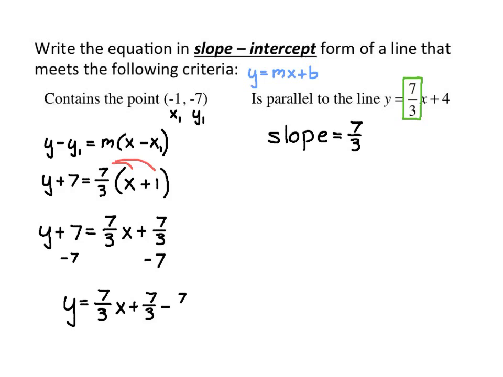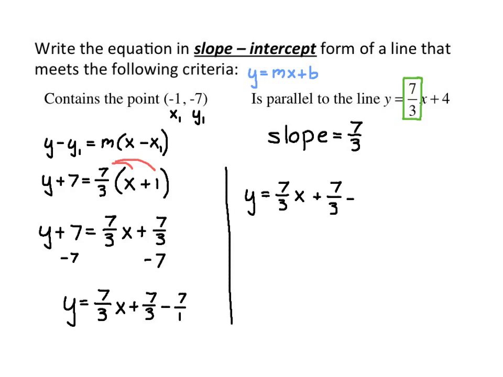Now keep in mind that 7 can be written as 7/1. So if we're going to find the final form of this equation, what I really need is a common denominator to subtract these fractions, which means I can change this 7/1 into 21/3. Or in other words, y equals 7/3 x plus 7/3.